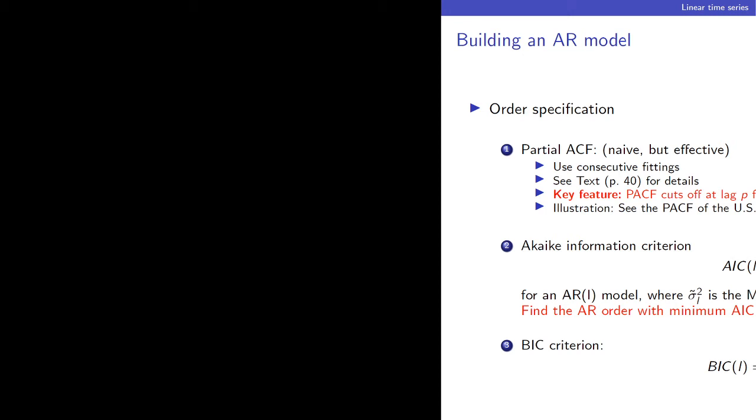Now it can be interesting to find the AR order with minimum AIC for all L between 0 and P. Besides the Akaike information criterion, called AIC, there's another criterion called BIC, where in the fraction, instead of putting 2, you put the logarithm of T.